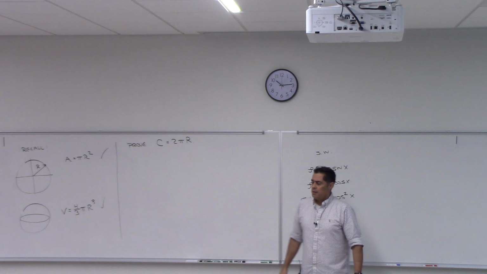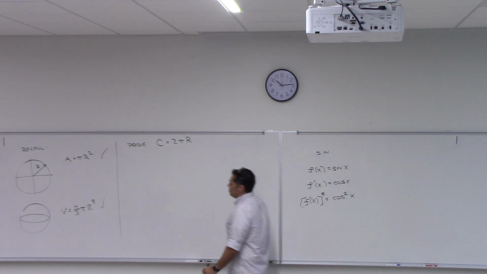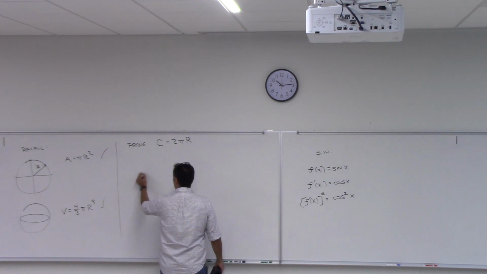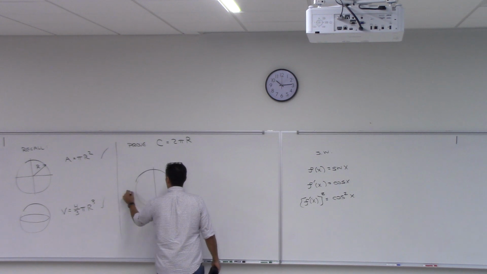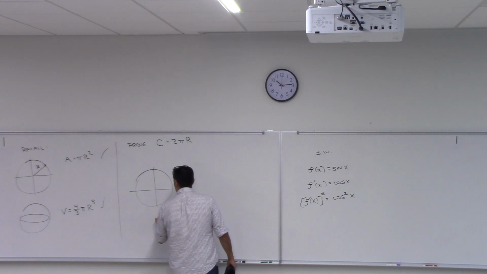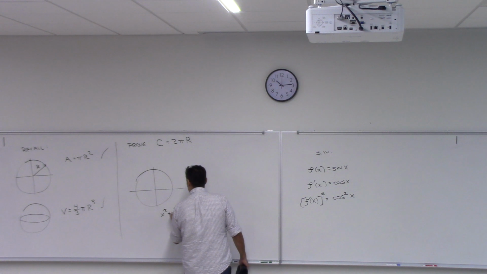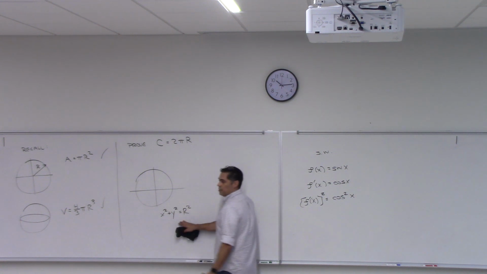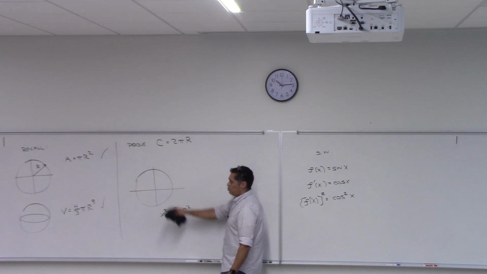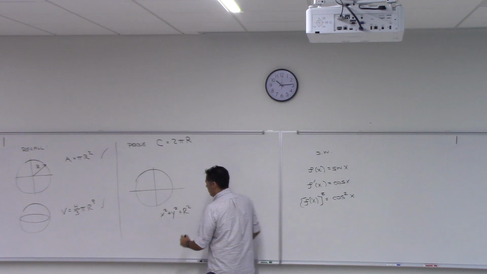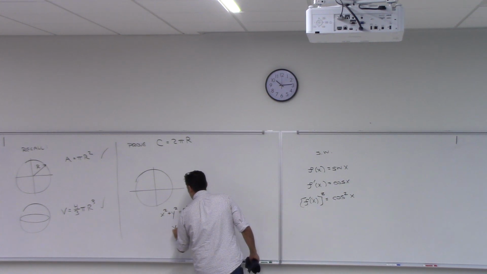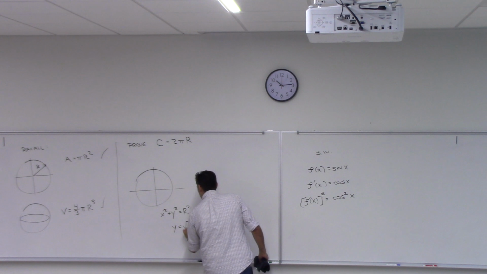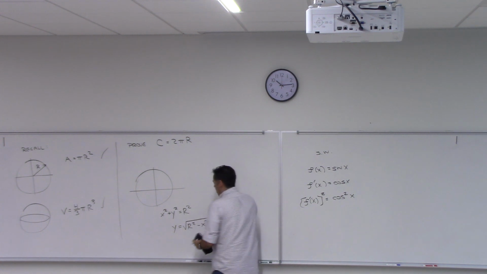Let's prove it. So the way to prove it is I'm going to take the circle, and remember this. That's the equation of that circle. We've done this twice before, so I don't want to spend too much time on this. We solved it for y, and we got square root r squared minus x squared.